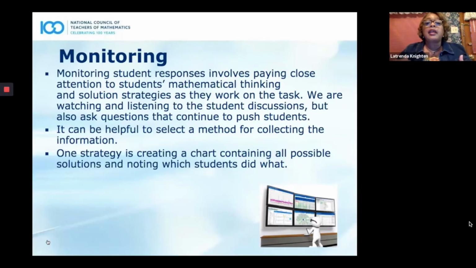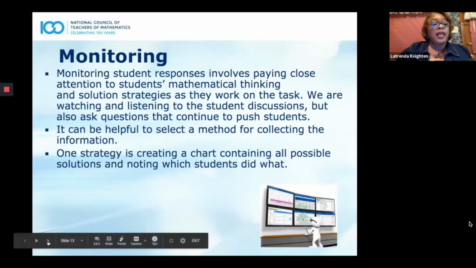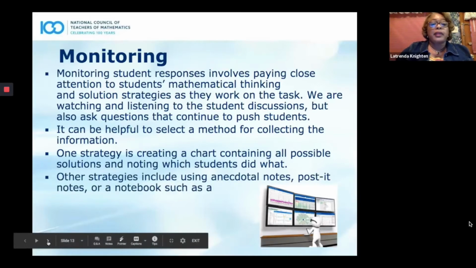And then once you have that chart that identifies the strategies that students have used and who used those strategies, later you can go back to your monitoring chart and then use that work to decide what order you want your students to present.